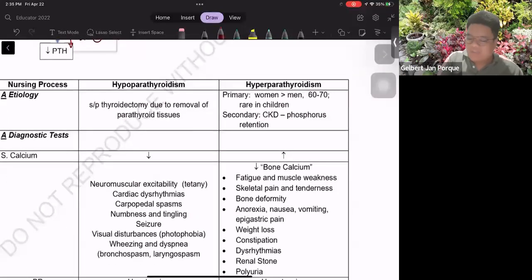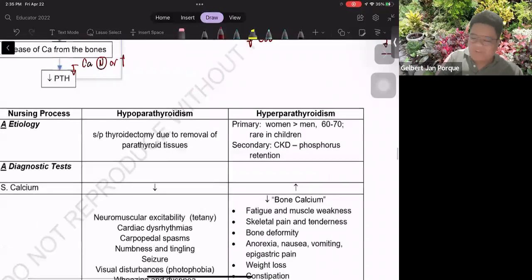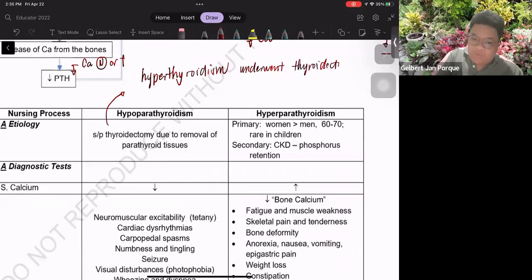Hypoparathyroidism, class, could be because of thyroidectomy, due to removal of parathyroid tissues. It may be because of accidental removal of your parathyroid tissues. That's why it's common in the NCLEX or even in the NLE, they would ask: a patient with hyperthyroidism underwent thyroidectomy, and then hours post-op, your patient had tetany and a positive Chvostek sign.